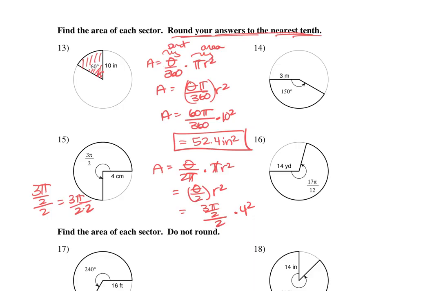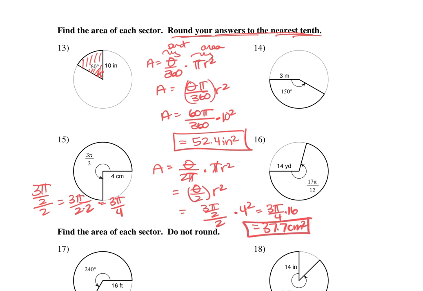Dividing by 2 is the same as multiplying by 1/2. In other words, that 2 is in the same place as the first 2. That's really 3 pi over 4. So this is really 3 pi over 4 times 16. So I do 16 times 3 times pi times 4, and I get 37.7 centimeters squared for my area.